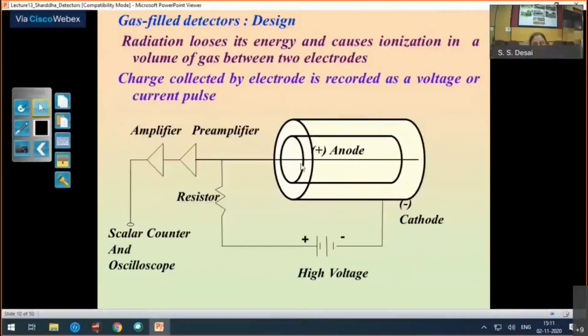You can just have two electrodes, or it can be coaxial for convenience. When you apply high voltage to the anode, with the cathode mostly grounded, the ionization taking place between these two electrodes gives rise to a voltage or current pulse, and that pulse is later processed through the preamplifier and amplifier circuit.